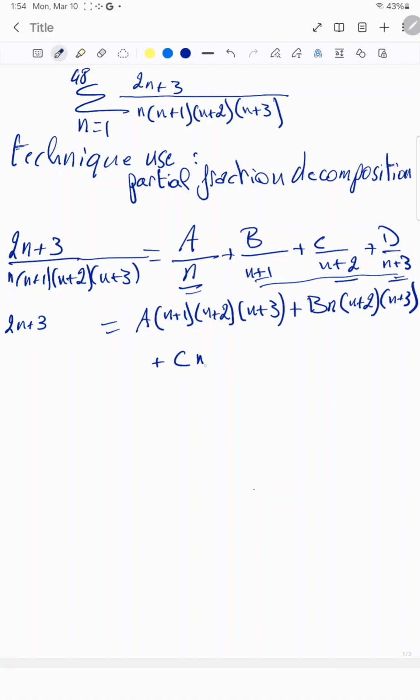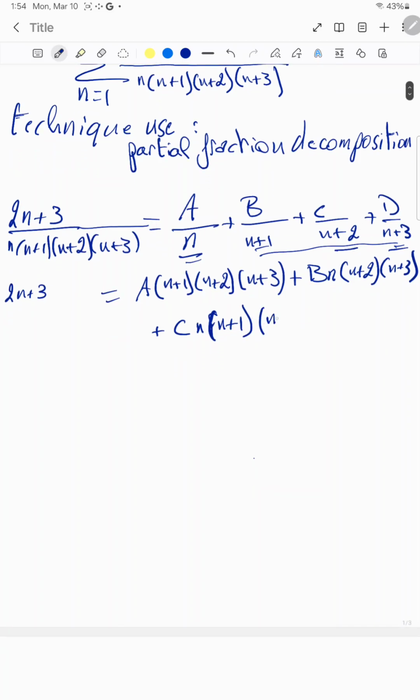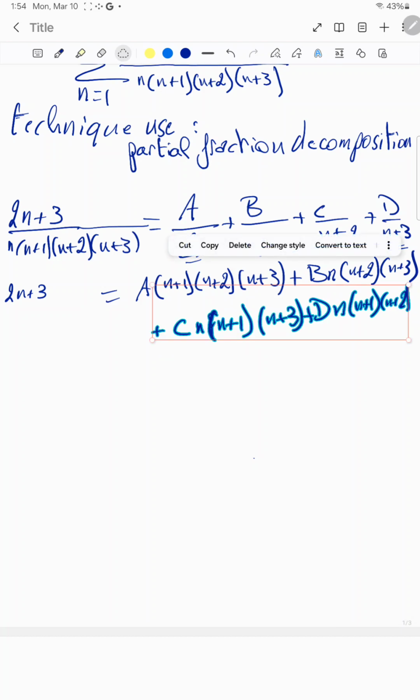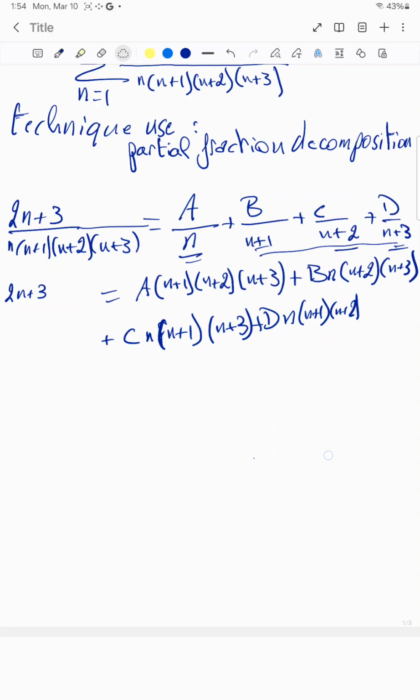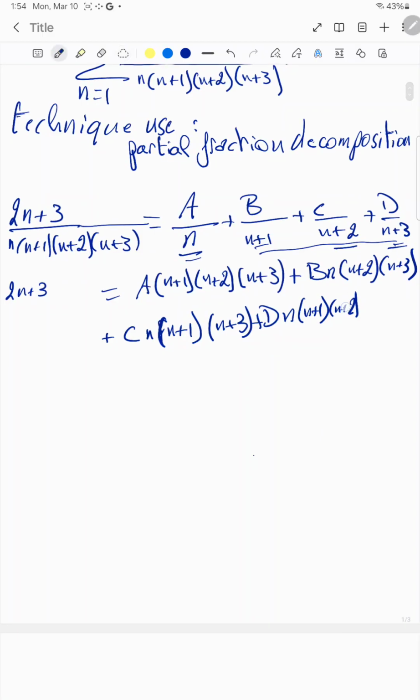So my cn times (n + 1), (n + 3), plus dn times (n + 1), (n + 2).